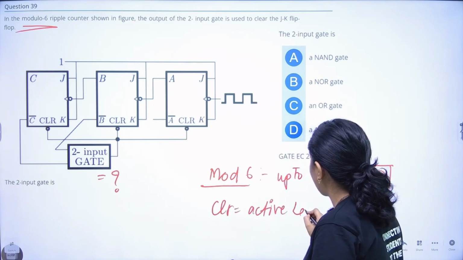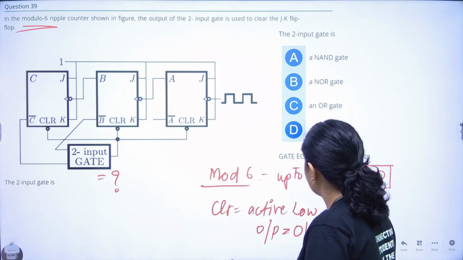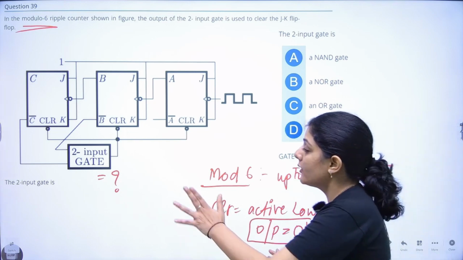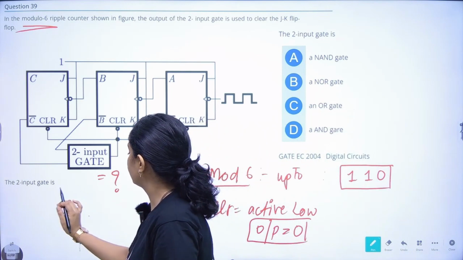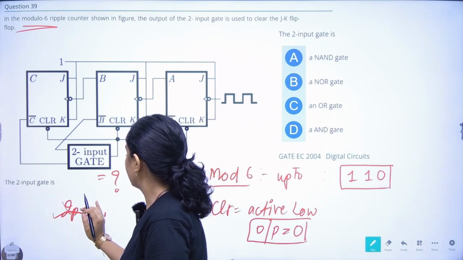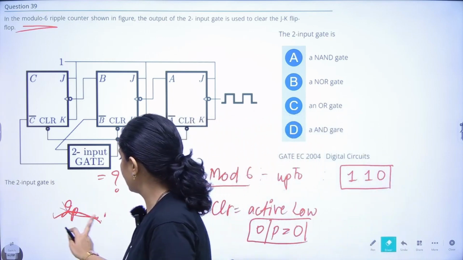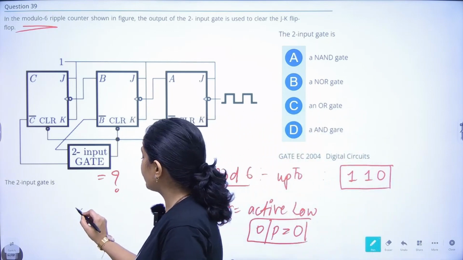Active low. Active low means the output should be equal to 0. Right? What are the inputs to this gate?